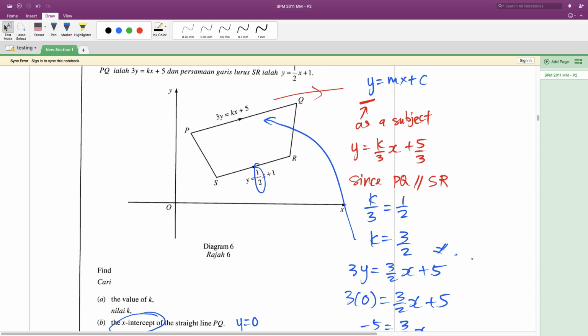Let's say the question asks you to find a coordinate on SR, and the question gives you the coordinate of this one as 2, k. The question asks you to find the value of k. Whenever the coordinate is on the line, you can use this equation. This is x, this is y, right? Substitute your x into the x, substitute your y into the y.